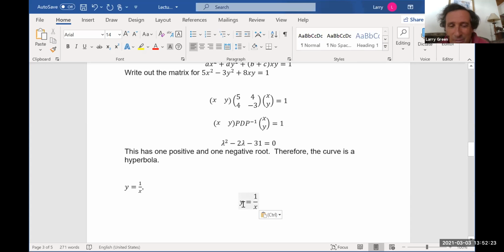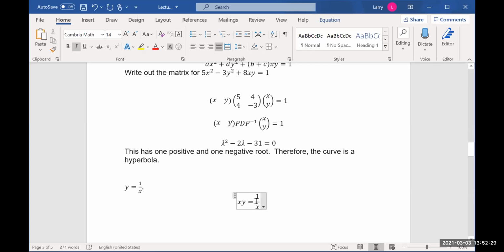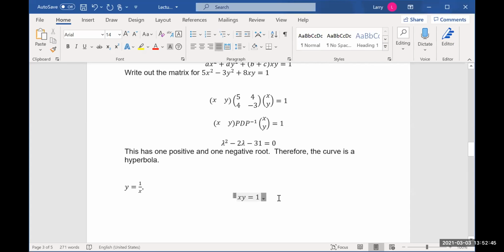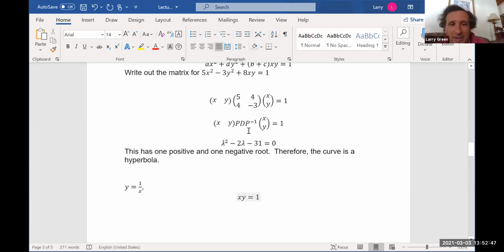So what I'm going to do is I'm going to multiply by x. Sound good? Y'all agree you're allowed to do that on both sides? Yeah. And you get xy equals 1. All right. What's the next step? Set up a matrix. Yeah, set up the matrix. Okay, set up the matrix equation.